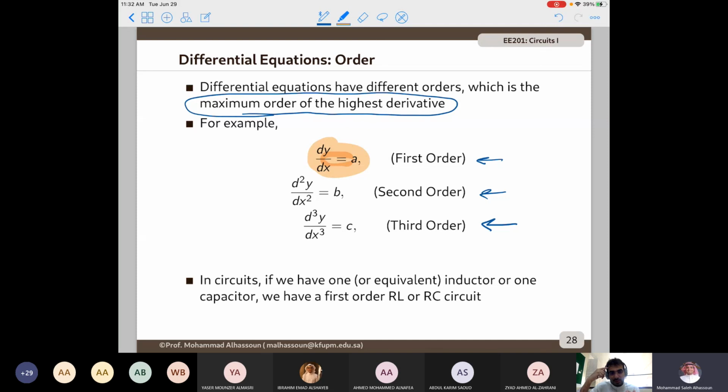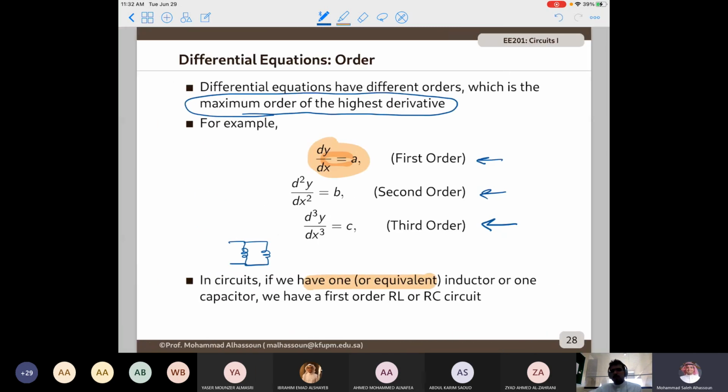So that's why we have first order in this chapter, second order in the next chapter. Remember, here we have one equivalent inductor or capacitor, meaning that if you have two inductors in parallel, this is still first order because you can combine them. Or two inductors in series, this is still first order.